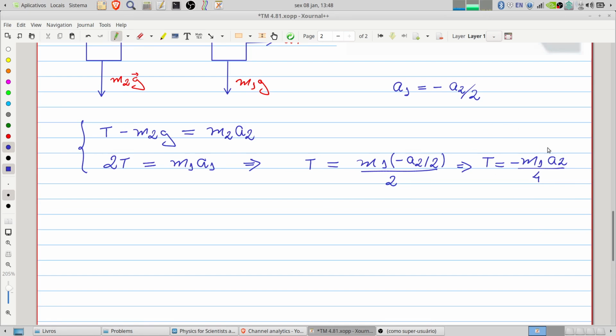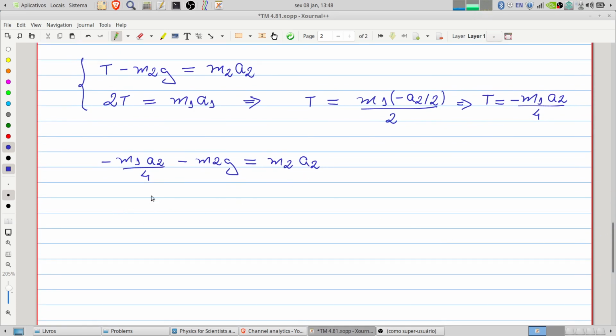Now, substituting the tension in the first equation, we will have minus m1 a2 divided by 4 minus m2 g equals m2 a2.